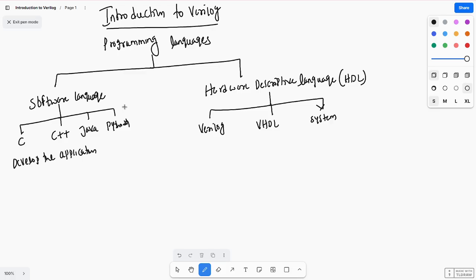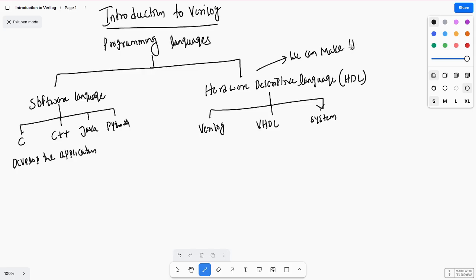If you see a bank, the bank interface is different. The software people will give the application or interface to the bank people, so that bank people can access the accounts, the deposits, balance, all those sheets. So they will provide only the application. Whereas by using HDL, we can make hardware.